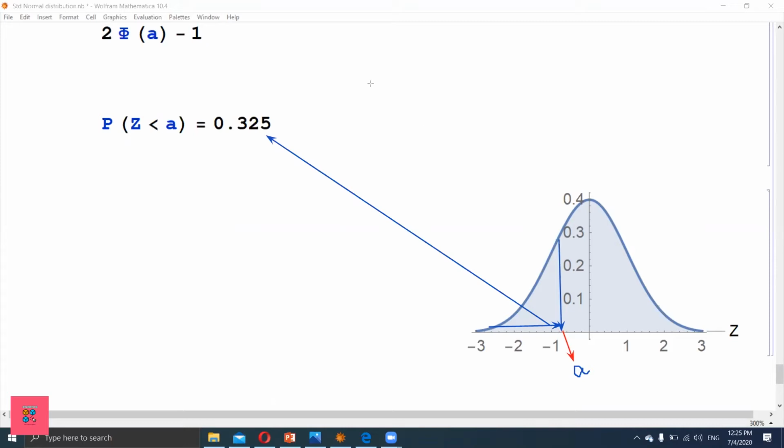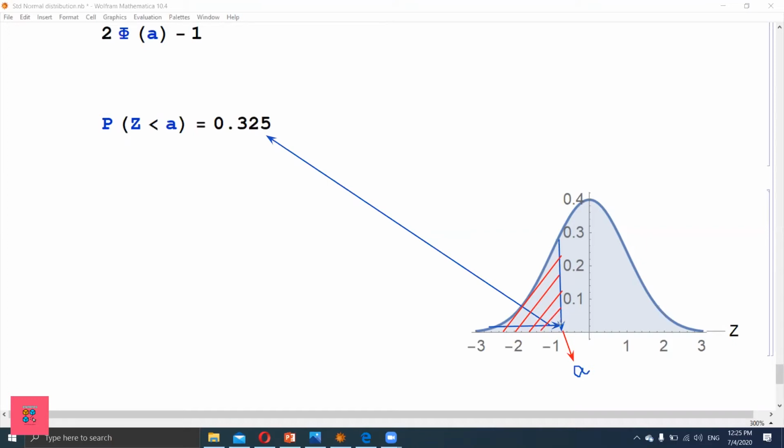Now we will find a such that the probability z less than a is equal to 0.325. We are going to shade this area, which is 0.325. We know that probability z less than a is denoted by capital phi of a.